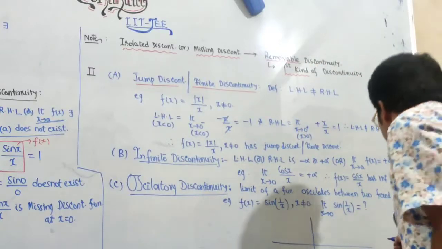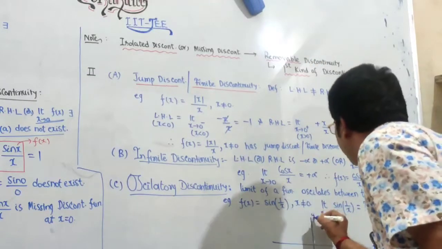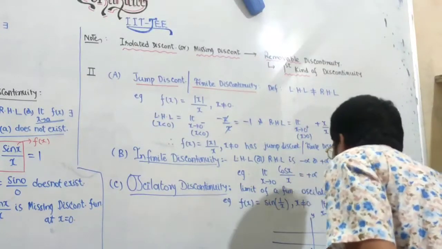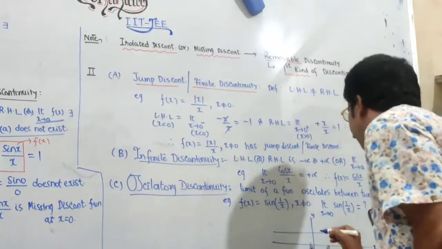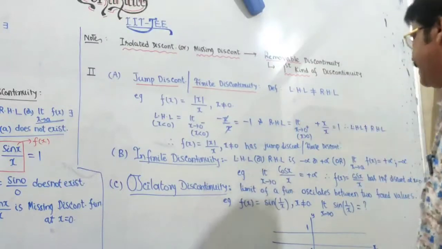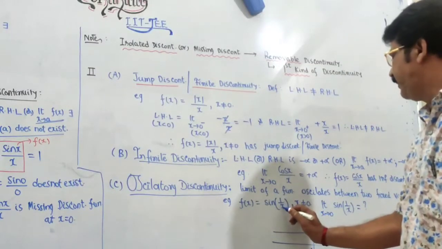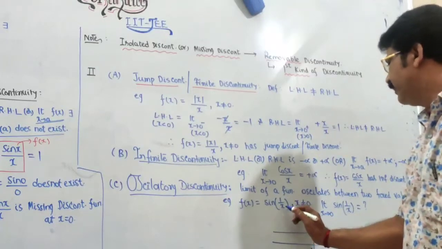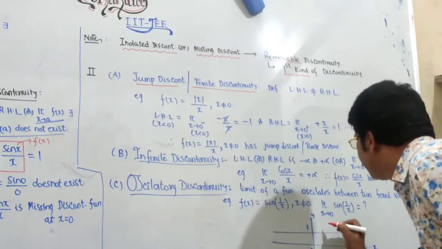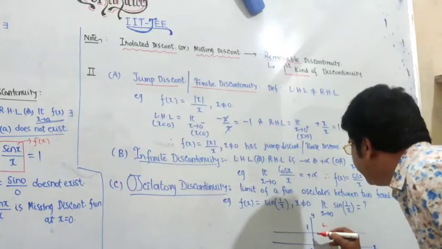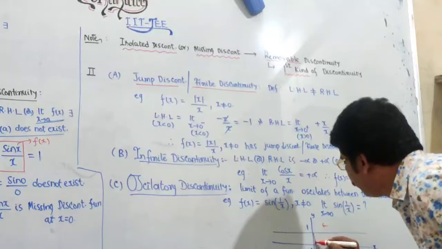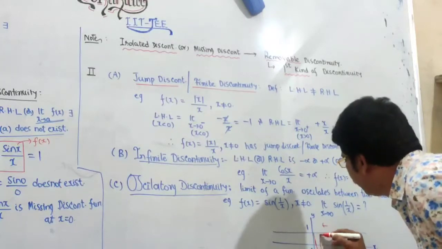This is the x-axis, y-axis, origin. Suppose it is +1 maximum value, and -1 minimum value. Put x equal to 0: 1 by 0 is infinity. As x tends to 0 plus, the right hand side, it is tending to infinity, and the graph will be like that.